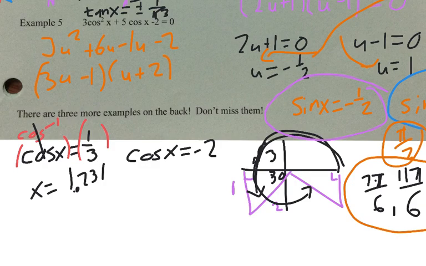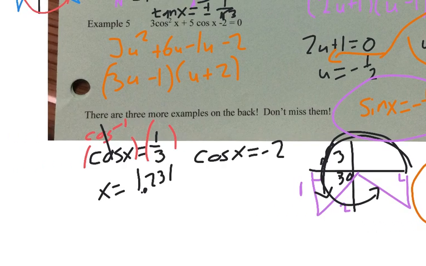So this was in the first quadrant, right? I know it's kind of hard to make sense of it because it's not an angle we're used to seeing, because it's in radians. But I know it's in the first quadrant because it is a positive ratio. So I know this is quadrant 1, which means I rotated in total 1.231 radians to get there. So what would the reference angle need to be in the fourth quadrant? It would need to also be 1.231. Right? So how could I find the reference angle in the fourth quadrant?